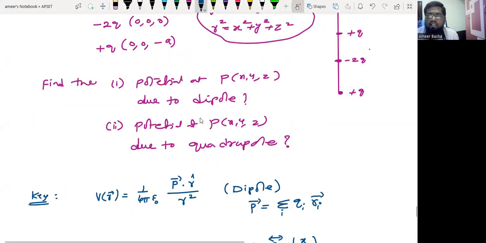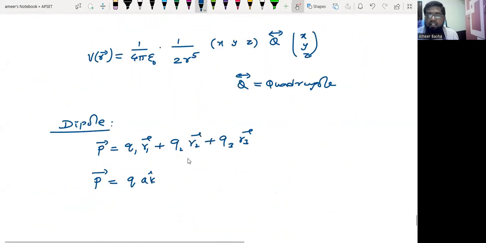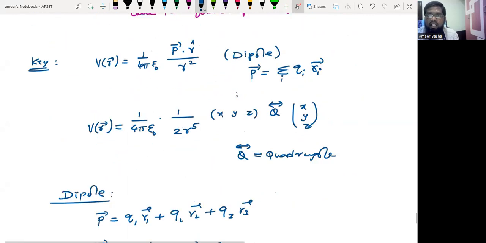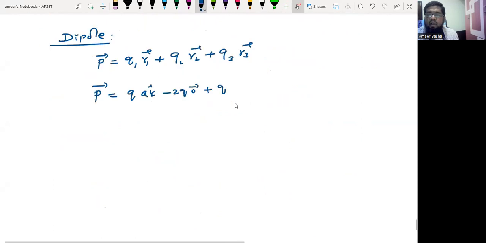Second one is at origin, minus 2Q, so that is the 0 vector. Plus again Q3 is again Q, that is R3 minus A, that is minus A k cap. So obviously, as we expected, QA and minus QA, I'll get 0. So dipole moment contribution is 0.